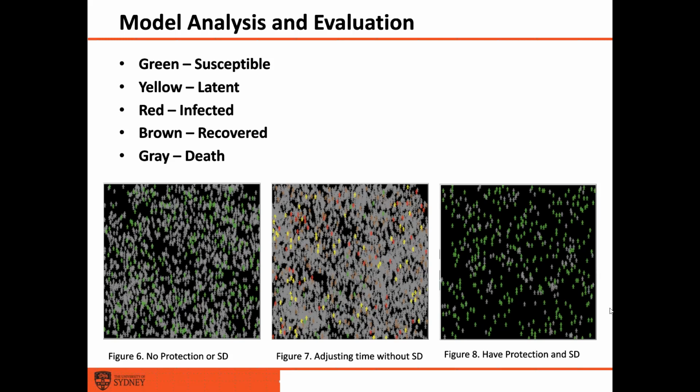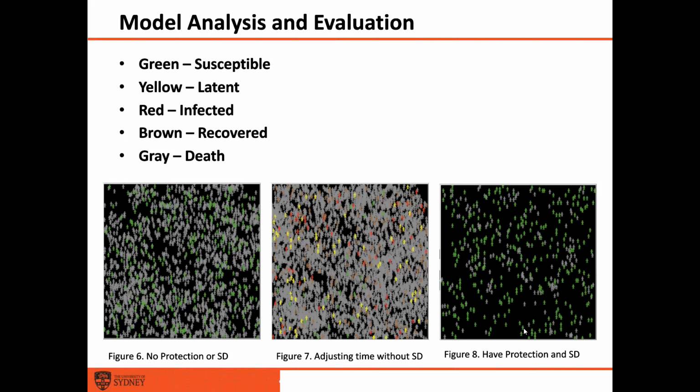As can be seen from the following 3 graphs, the number of deaths with social distancing and protection is relatively small, and people move relatively dispersed. Thus, it better reduces or prevents the spread of disease.